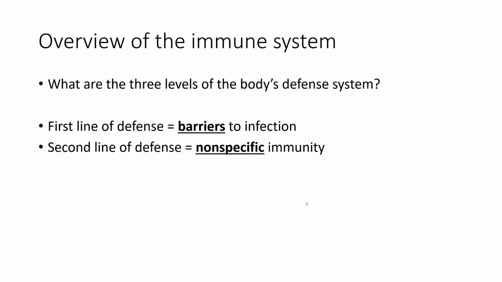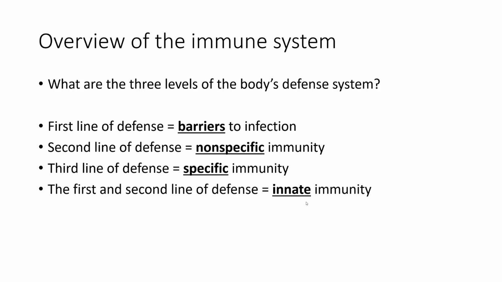The second line is where the immune system begins. And this can be referred to both as innate or non-specific. And we'll describe why that is as we go. The third line can either be thought of as specific or adaptive and or acquired. So barriers, first line, non-specific, second line, specific, third line.